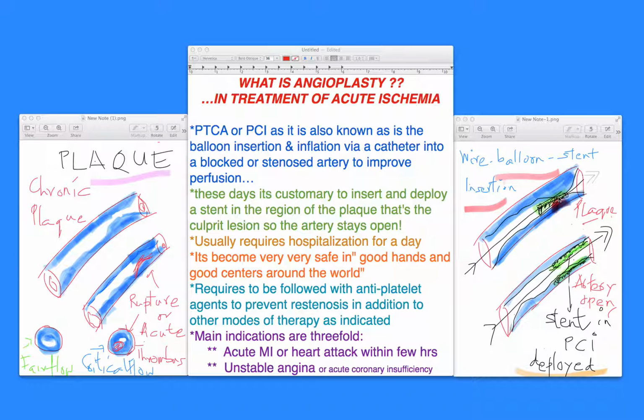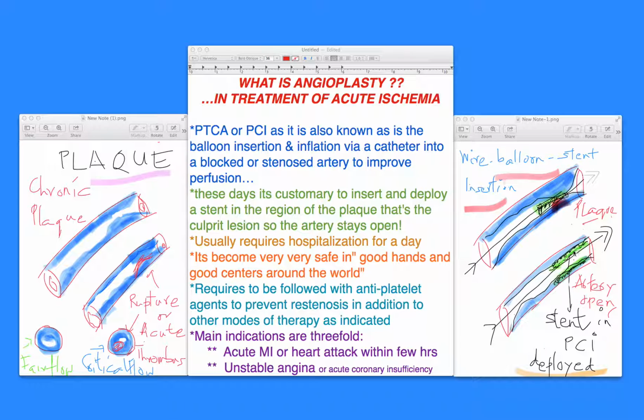And as the catheter is advanced into the artery, while the balloon is deflated, the stenosis is determined, this is the area where the stent ultimately will be deployed. And at that point, the balloon is inflated very cautiously.